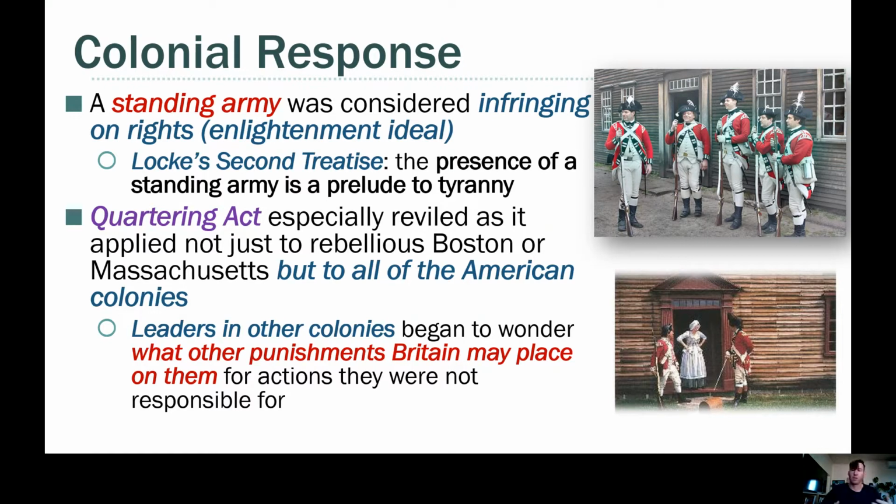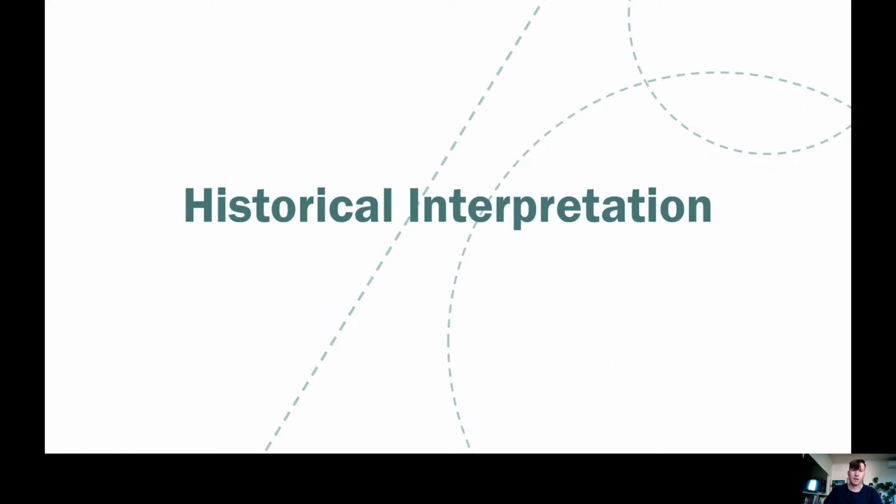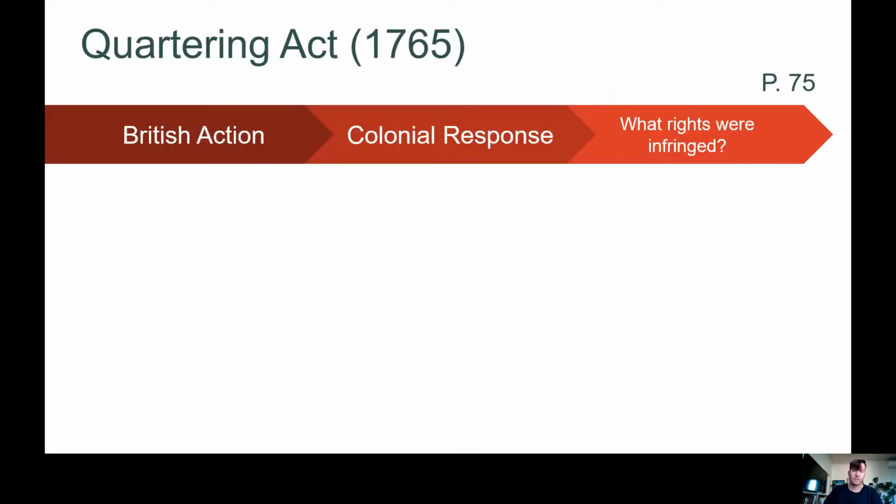So, remember, this is like a simmering pot where the lid is going to blow off at one point. The colonies are getting more and more discontented, their grievances are growing, and Britain is issuing more and more punitive measures. All right, you can look at them yourself.